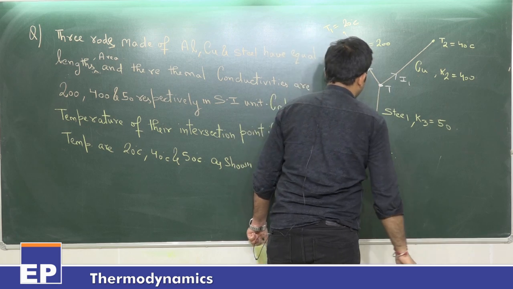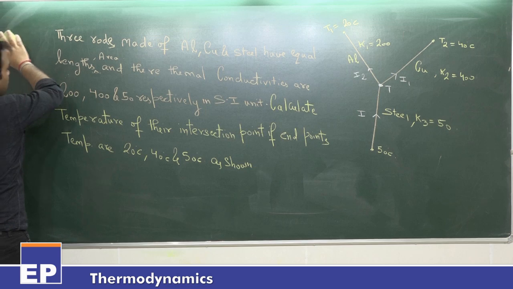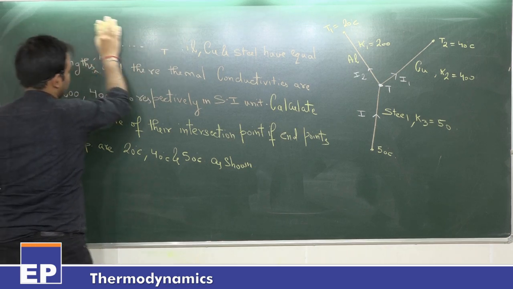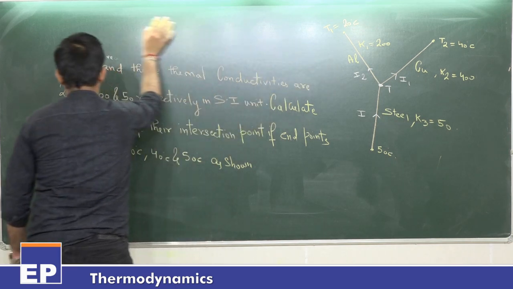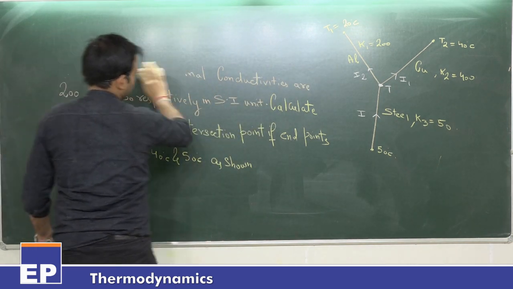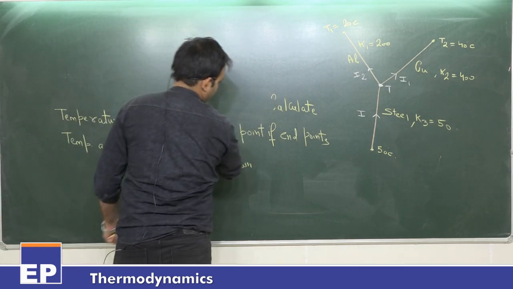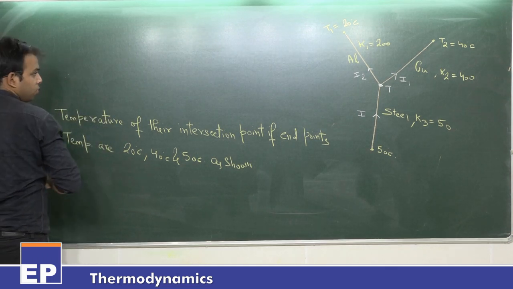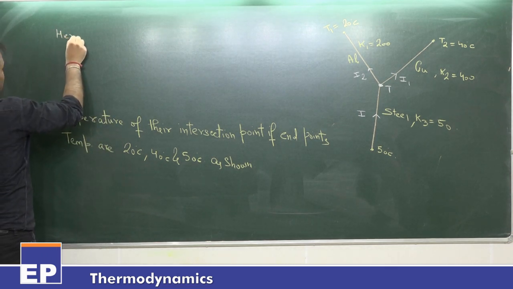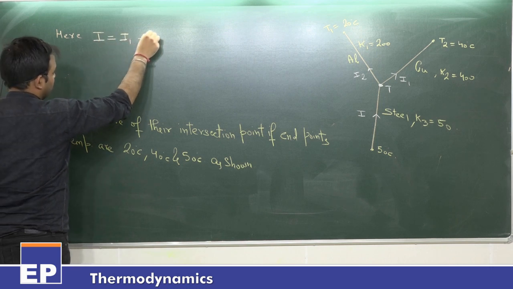So we can write I is I1 plus I2. Here I is equal to I1 plus I2.